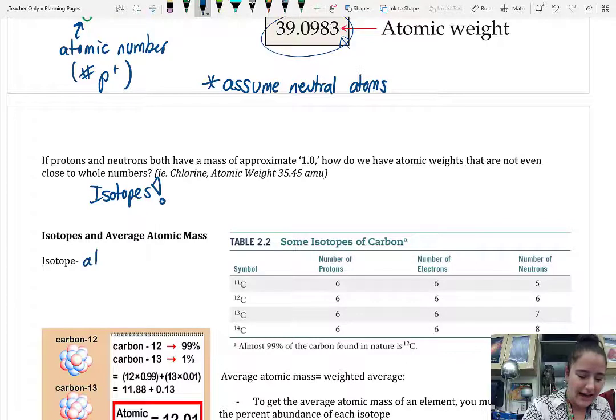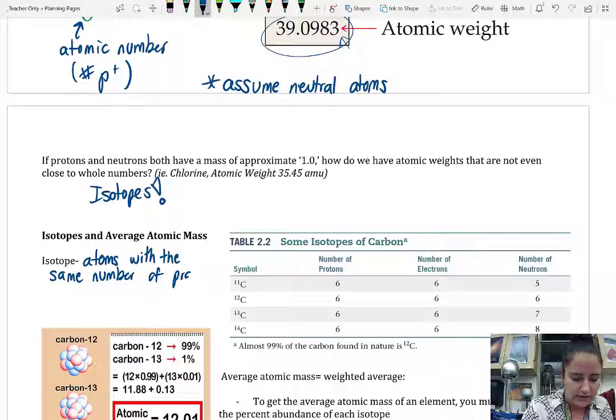So isotopes are atoms with the same number of protons, but a different number of neutrons.